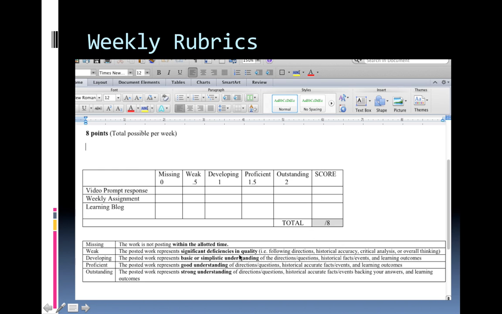How I grade the work is based on quality. Again, what a 2 would get, what a 1.5 would get, what a 1 would get would be developing, what a 0.5 would get would be weak, and missing would receive a 0. I will follow this rubric as I grade each of the assignments submitted. The only assignment on this list that is summative is the learning blog, which I'll talk more about later in this presentation.